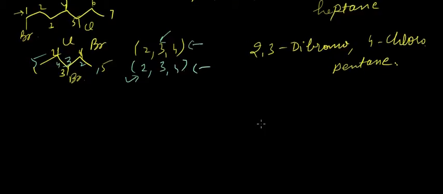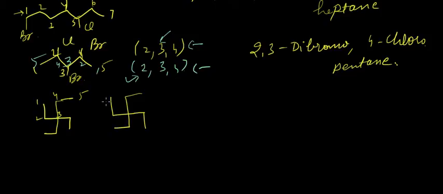Yeah. So now let's have a look at this compound. What would be the IUPAC name? Let us start off with some chain. Let's suppose I took this chain 1, 2, 3, 4, 5, and this is one of the possible chains. This is also a possible chain, 1, 2, 3, 4, 5.